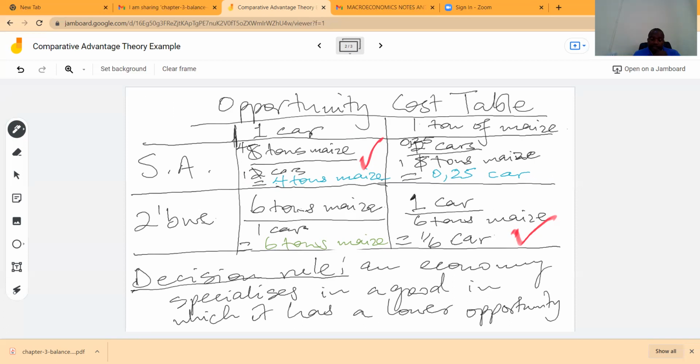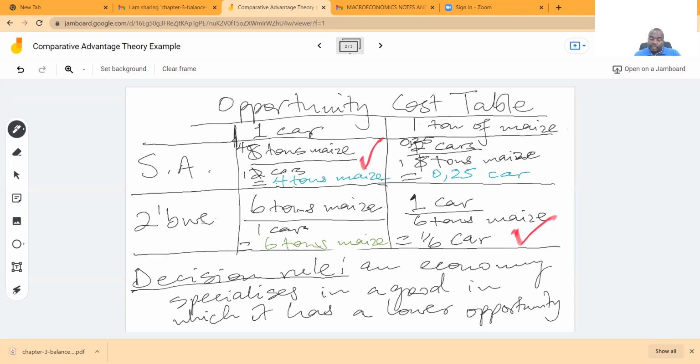Once more, this can't be a mutually beneficial trading ratio. Why? Because for every car that South Africa produces and exports to Zimbabwe, she's not gaining anything, but Zimbabwe is having a net saving of 2 tons of maize. Remember, the opportunity cost of producing a car in Zimbabwe is 1:6.